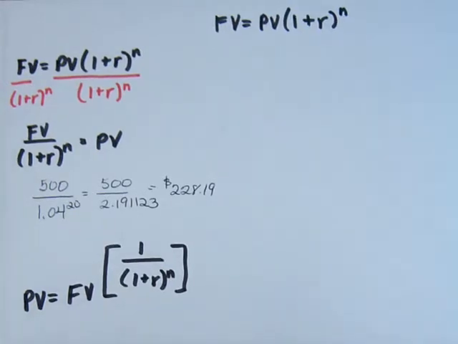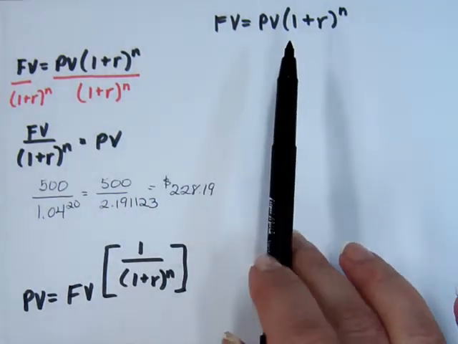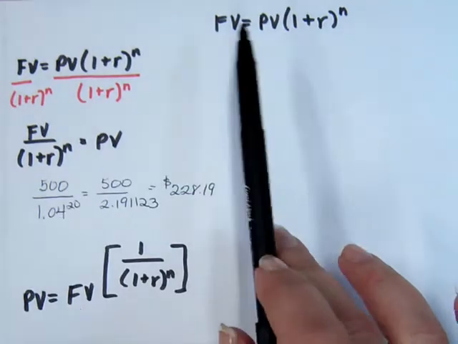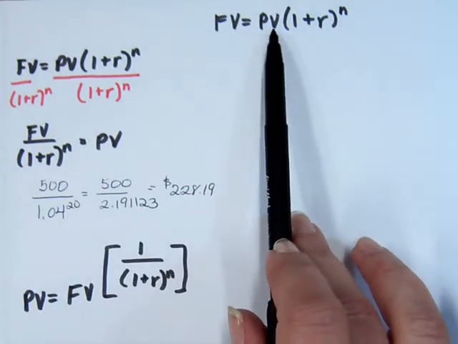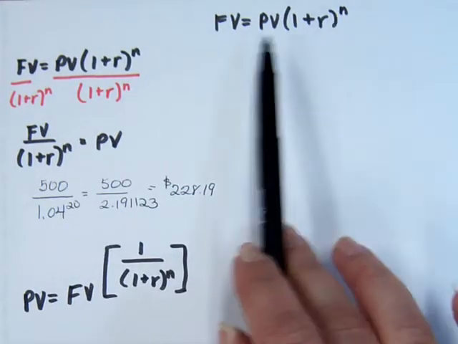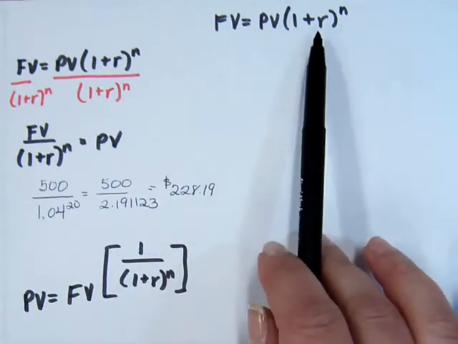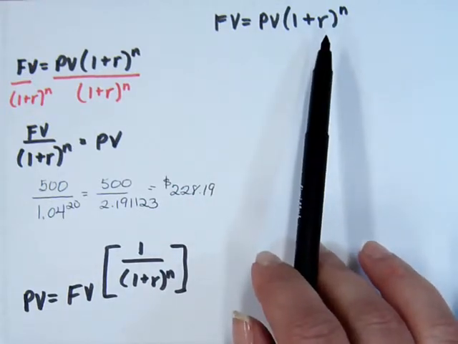So what if we were looking to solve for the rate? Well, again, let's go back to the original formula. Future value equals present value times 1 plus r raised to the nth. Ultimately, we want r, or the rate, to end up on the side of the equation all by itself.